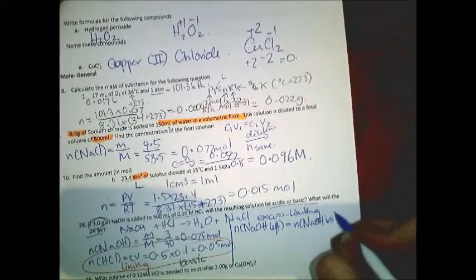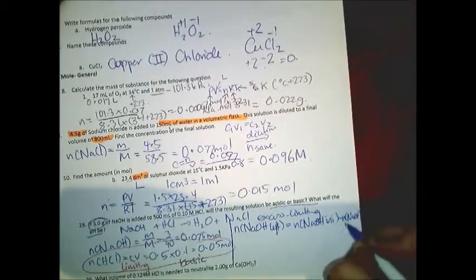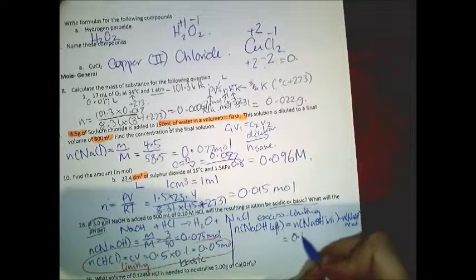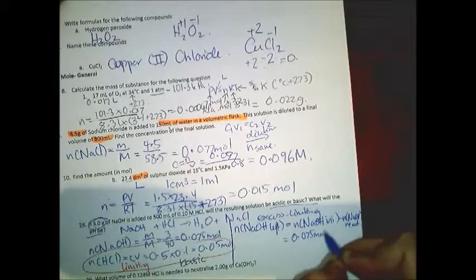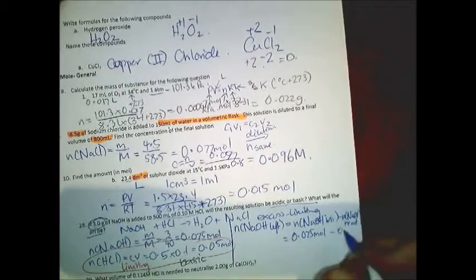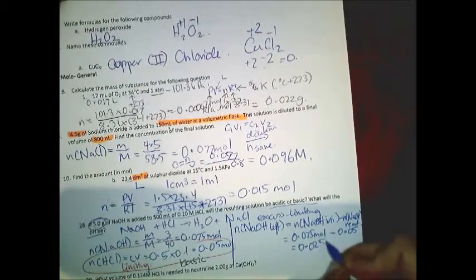Now, to find out how much NaOH is left over, we do the moles of NaOH initially minus the moles of NaOH react. Initially we have 0.075 mole, and the amount react will be equal to the amount of HCl that is there, because it's a 1-to-1 ratio and HCl is limiting. So minus 0.05 equals 0.025 mole.